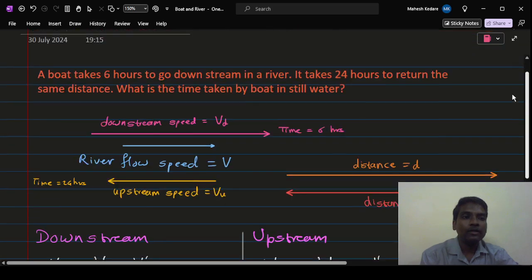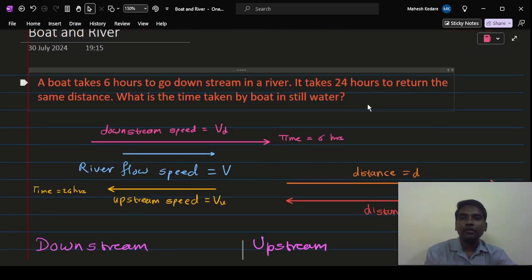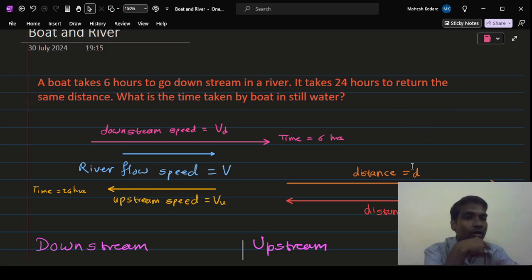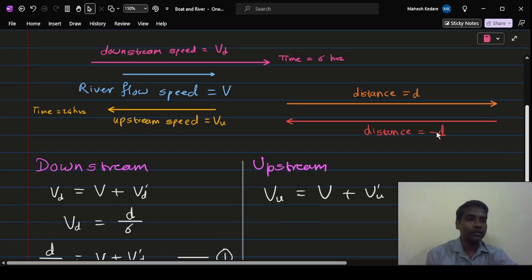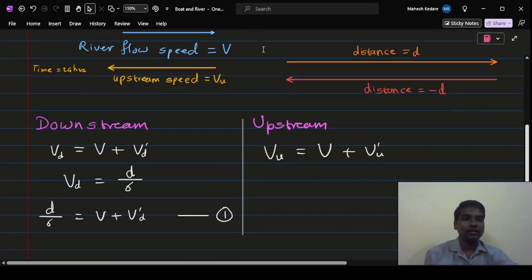And it's given in the problem that when the boat travels upstream, it takes 24 hours to return to the same spot. So as the boat is returning to the same spot, it must travel the same distance in the opposite direction. The distance traveled in the opposite direction will be denoted by minus d, because the distance towards right is denoted as d. It is taking 24 hours to travel the same distance in the opposite direction when it travels upstream, opposite to the river flow.